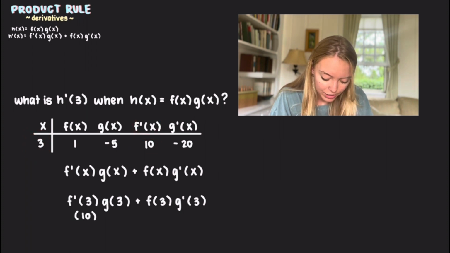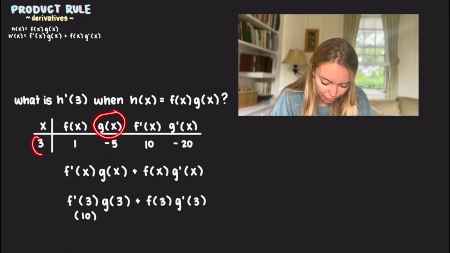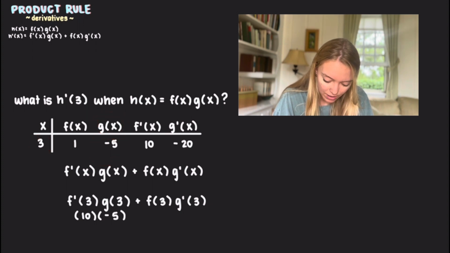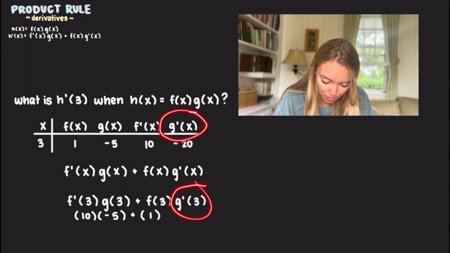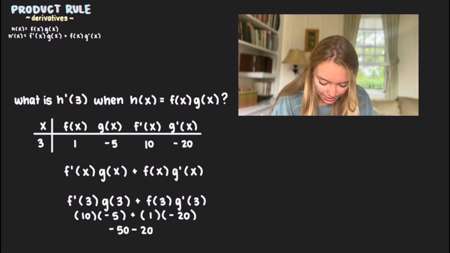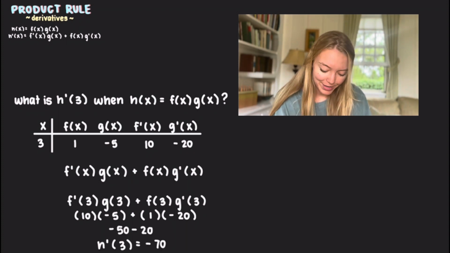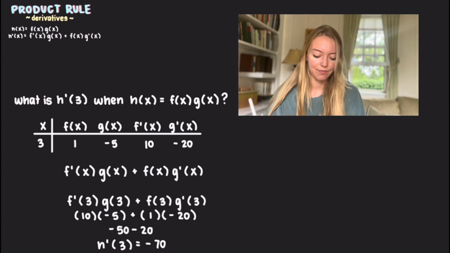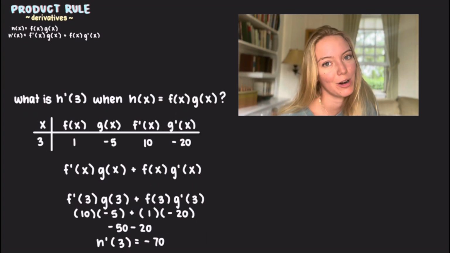If we look at g of 3, here's g. At 3, it's going to be negative 5. Then we add f of 3. Well, f of 3 is just 1. And then g prime, if we look at g prime here, it's going to be negative 20. So this is going to simplify to negative 50 minus 20, giving us that h prime of 3 is equal to negative 70.